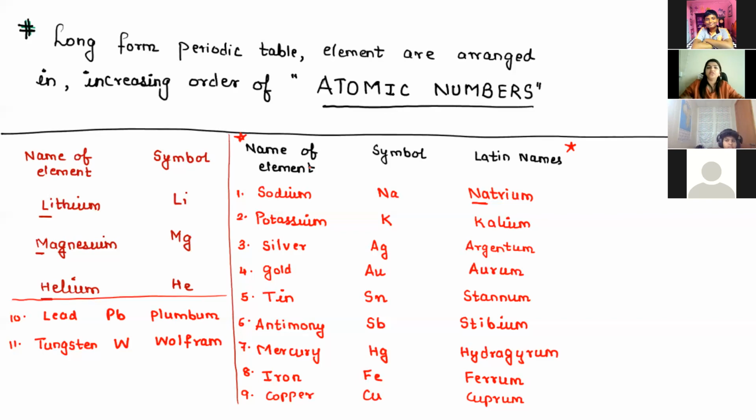So this was something you need to understand, that there are certain elements whose symbol is from the Latin name. Sodium is Na. Why is it Na? Because its original name, the Latin name, is natrium.